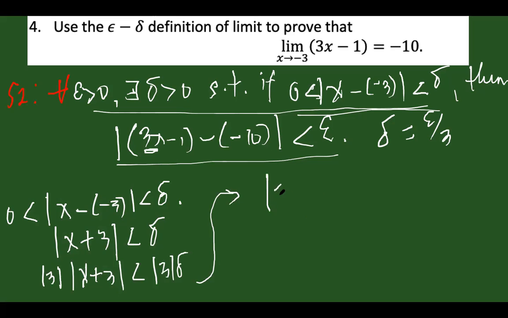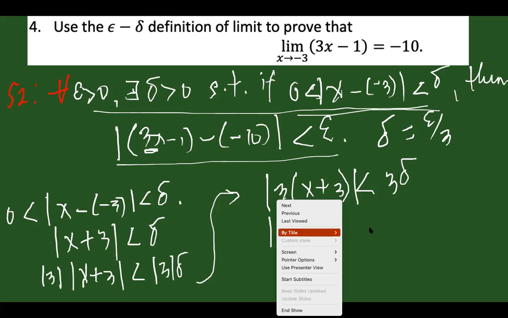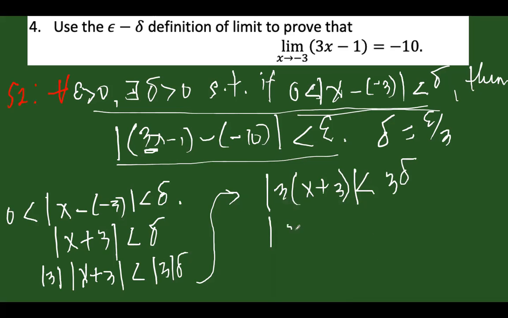We have 3 times the absolute value of x plus 3 is less than 3 delta. Again, the closing symbol. Okay, so we have this, and we can now simplify by multiplying 3 and x plus 3. We have the absolute value of 3x plus 9 is less than 3 delta.